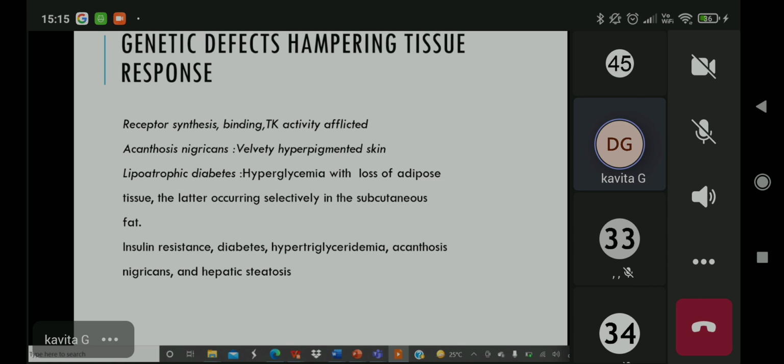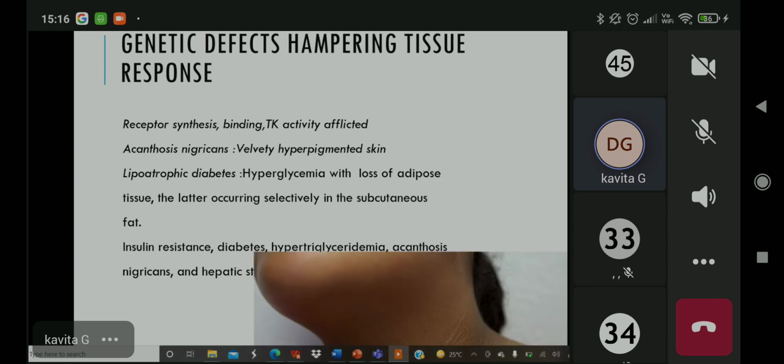But there's another angle, and that is what is happening in the tissue. There are genetic defects that can hamper our tissue's response to insulin altogether. Basically, you can have impaired receptor synthesis, impaired binding at the level of the organs in a setting of hyperglycemia. Then there are certain skin changes associated with diabetes mellitus, like acanthosis nigricans.